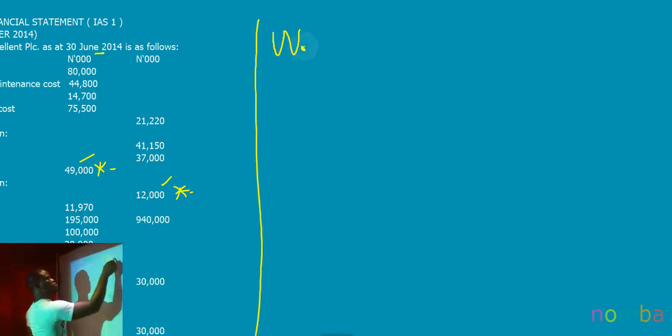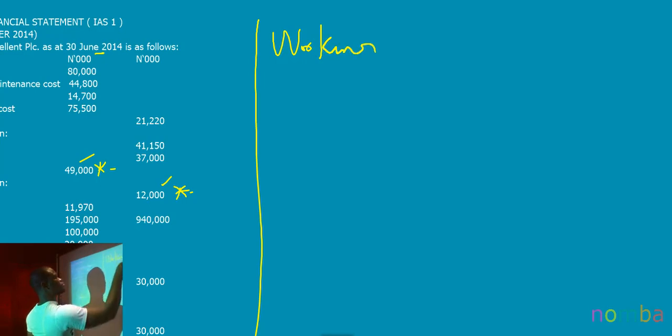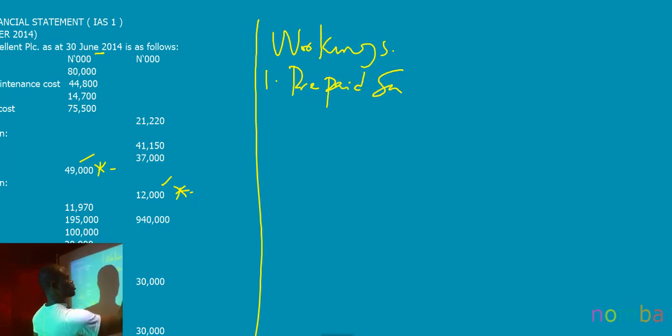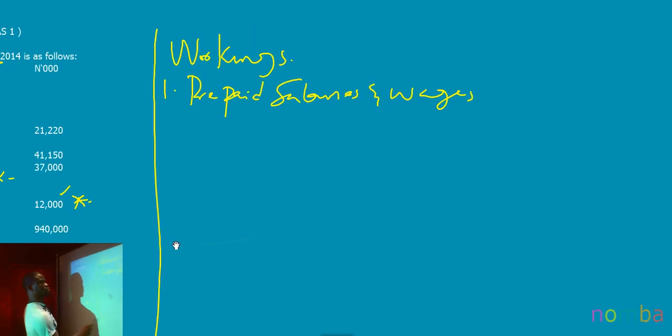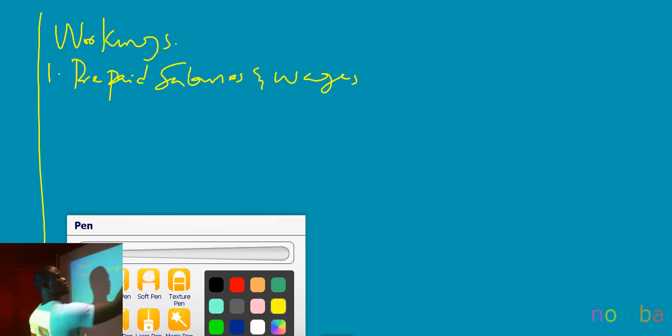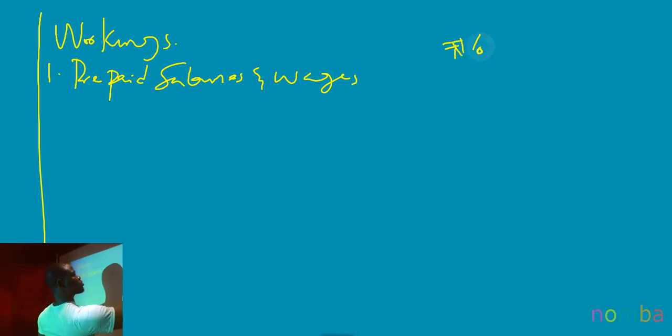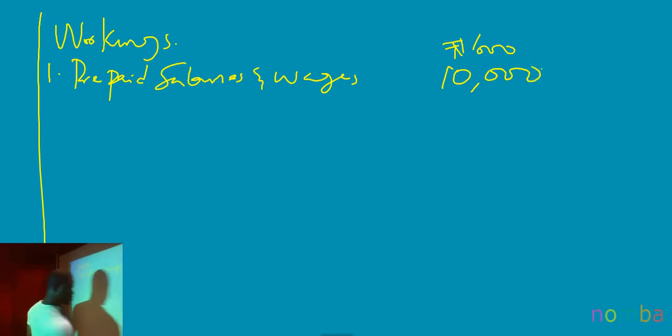So, workings, we have a prepaid salaries and wages. It was 10 million. He gave it to us as 10 million.